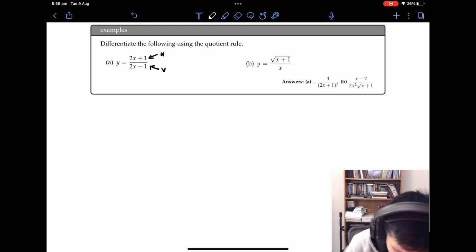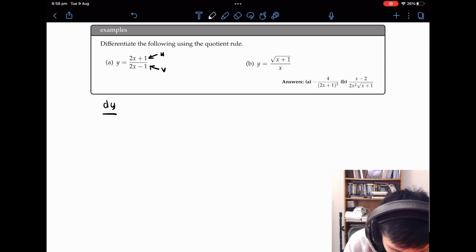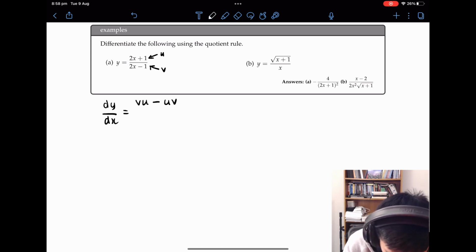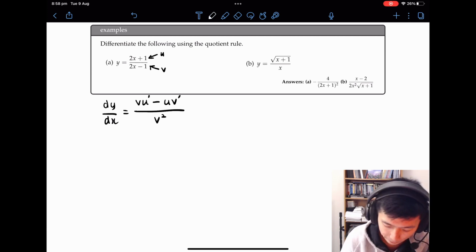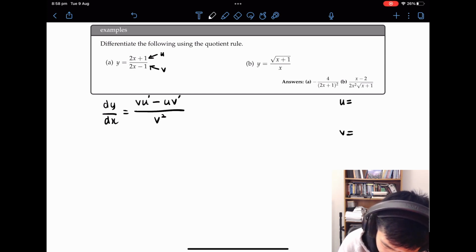So let's begin. Let's write down our quotient rule. dy/dx is vu, uv on the top with a minus, with the dashes on the second letter, divided by v squared. Let's also write down what our u and our v is equal to.